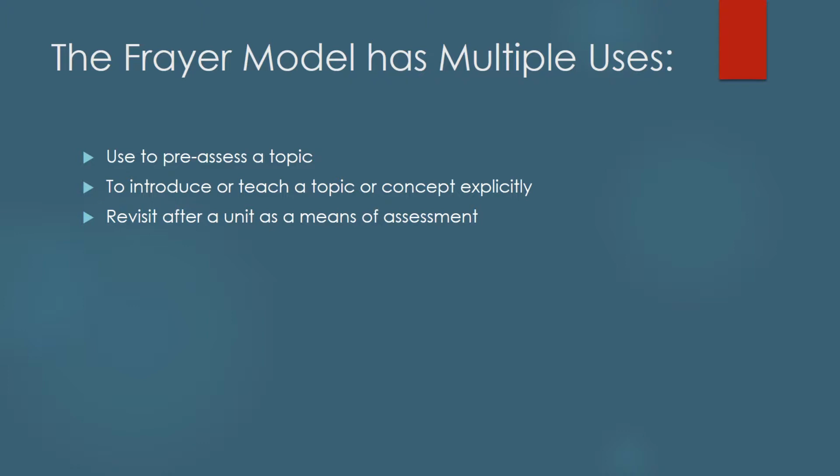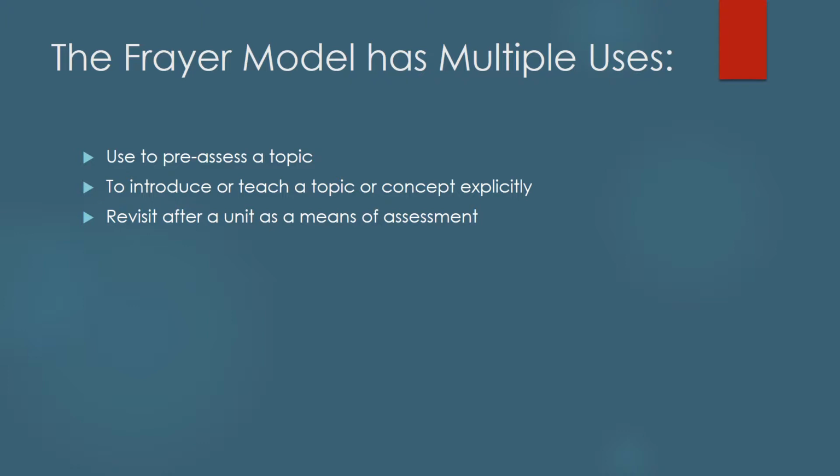Another way that teachers use the Frayer model is when introducing or teaching a topic explicitly. You can use this to eliminate possible misconceptions that students may already have about the concept.